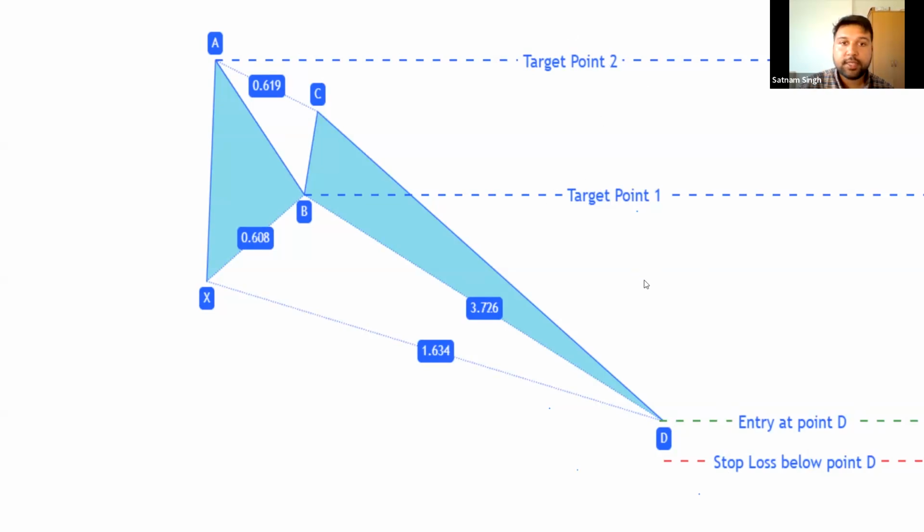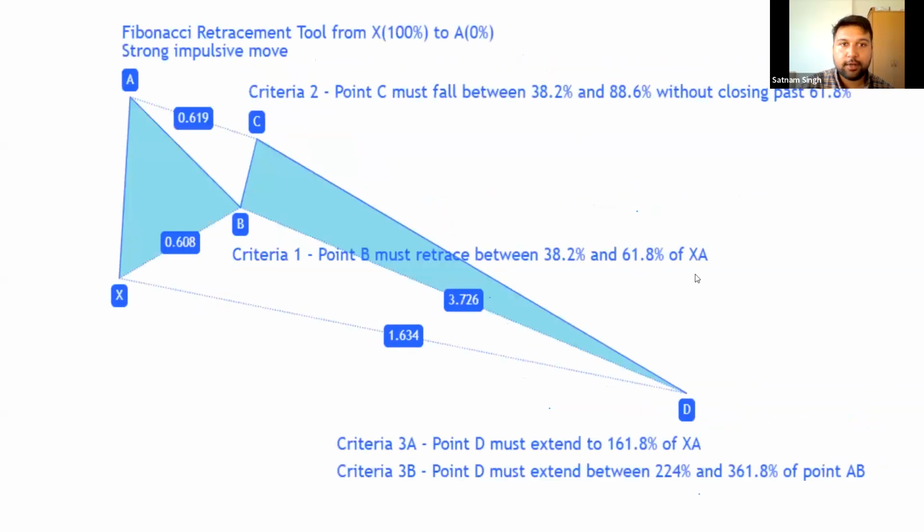Now, if you missed all of that, I'm just going to quickly show you again. So just to quickly recap, if you didn't catch the points, the percentages, you might want to write these down now or take a screenshot. It's entirely up to yourself. First, we start off by placing the Fibonacci retracement tool from X to A, and we're looking for that strong impulsive move.